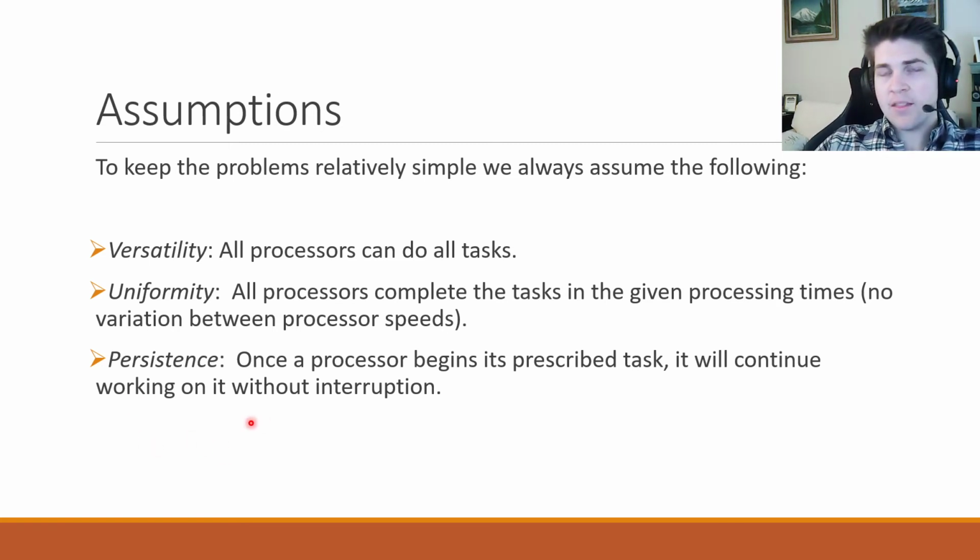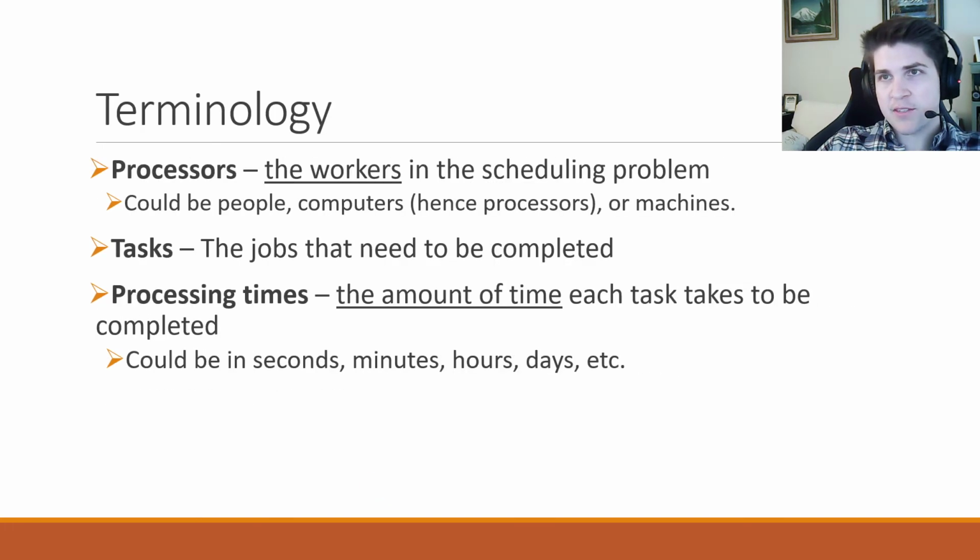So anyways, the three assumptions are: number one, versatility. All processors can do all tasks. This might not be a realistic assumption in a real problem, but it's necessary to do what we call the priority list model for scheduling. Going back to the automotive tech example, it might not be realistic that all your employees can, for example, fix a transmission, right?